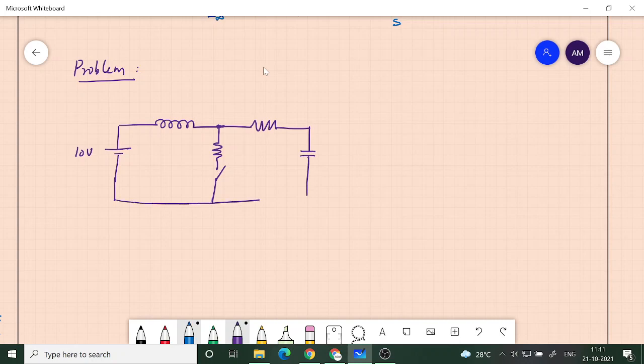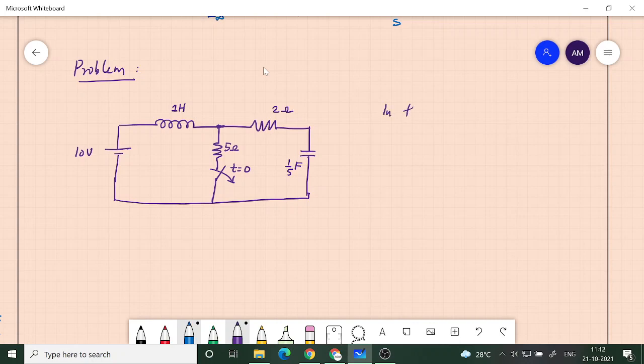This is a problem I am taking from the book itself. At t equal to 0 this switch gets opened; initially it was closed. The values are 5 ohm, 2 ohm, 1 by 5 farad, and 1 Henry. This is the circuit.